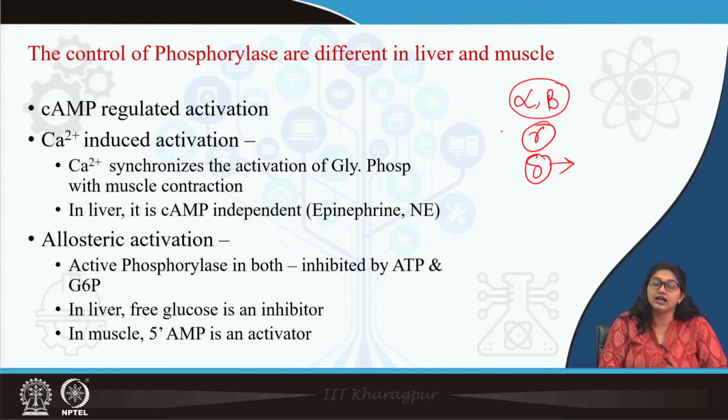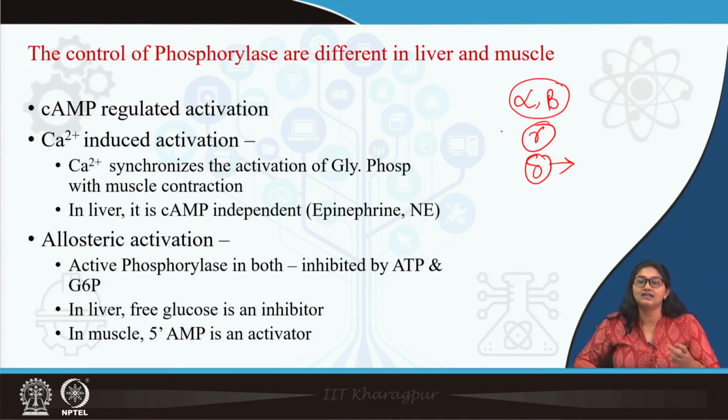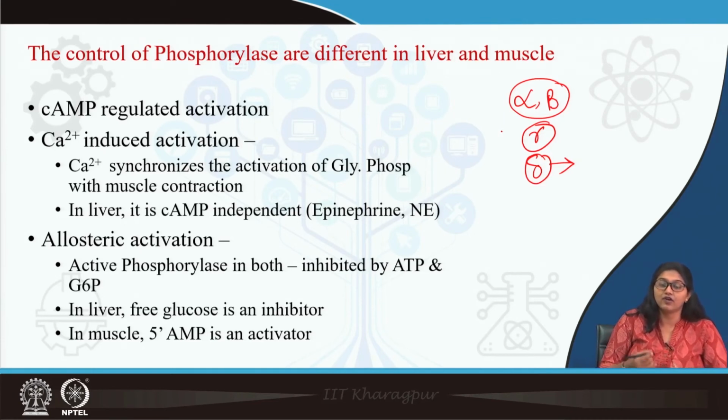So, in liver, calcium induced activation of phosphorylase kinase is a cyclic AMP independent mechanism. After getting the signal from epinephrine or norepinephrine, there is extensive release of calcium from the sarcoplasmic reticulum. That calcium enters inside the hepatocytes, and inside hepatocytes it activates the phosphorylase kinase.